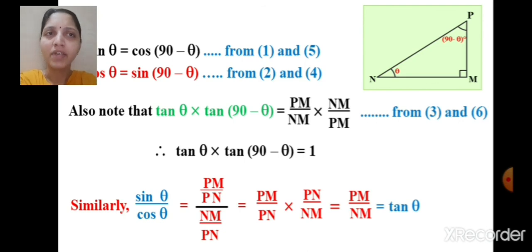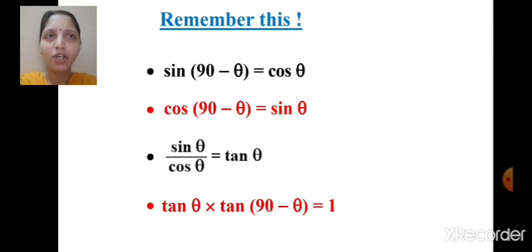This is one more equation we have derived. Okay, so what you have to remember, what we have learned today? We have learned that sin 90 minus theta is equal to cos theta, or cos 90 minus theta is equal to sin theta.